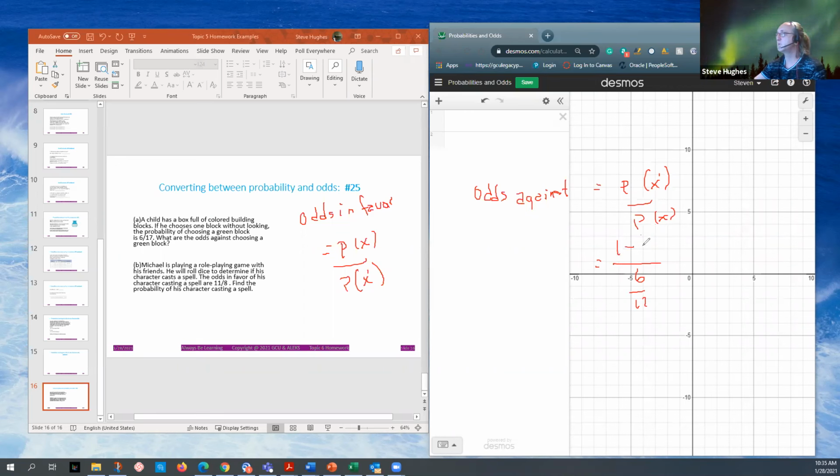That is 1 minus 6/17, which is 11/17. So 11/17 over 6/17 is 11 over 17 times 17 over 6, which is 11/6. And it says to leave it as is, 11/6.